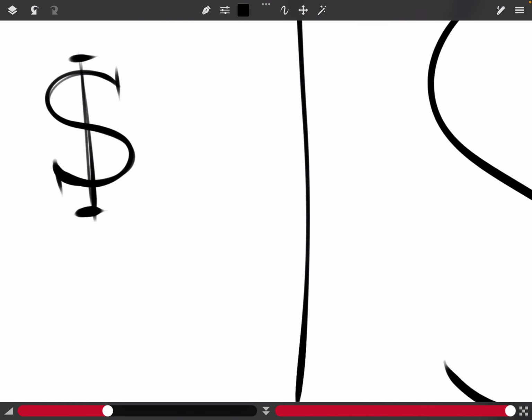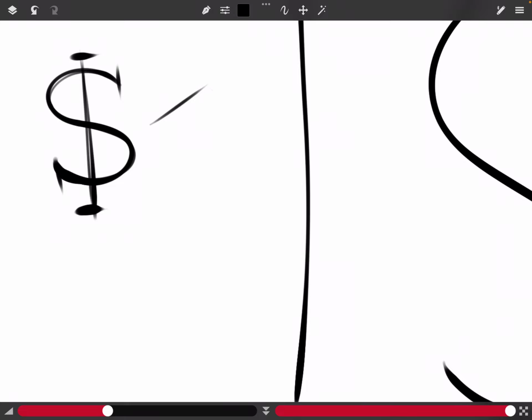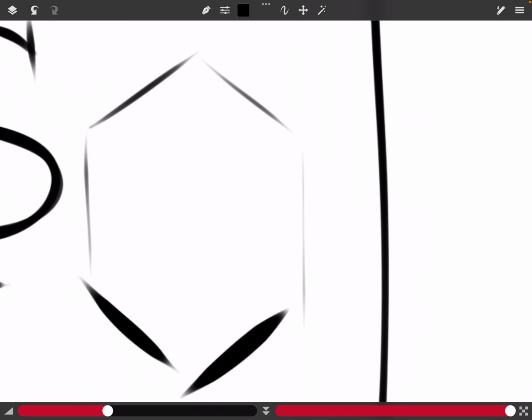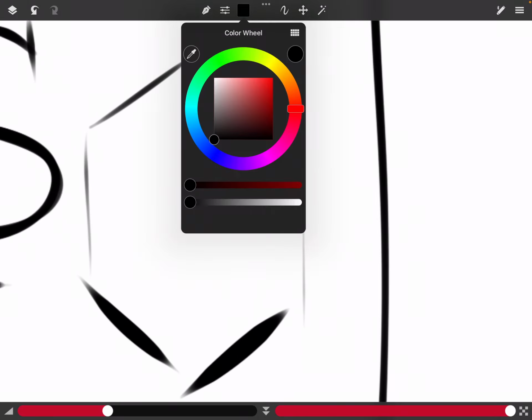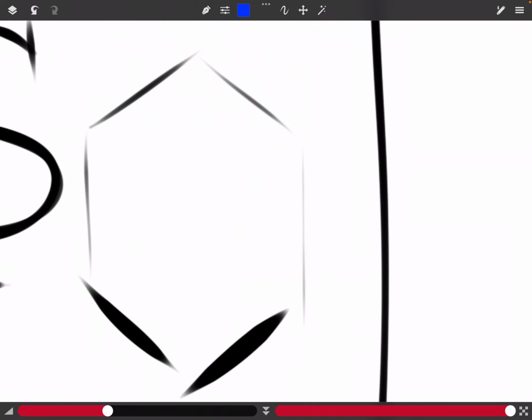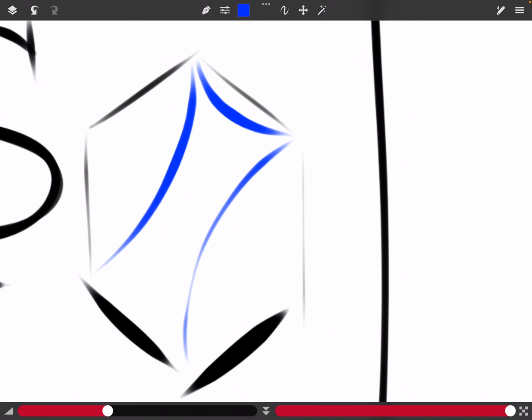I did come up with an idea that the IS could fit in a hexagon. So we have the I, and all I did was tilt one way and one the other way. So this was the I, right?